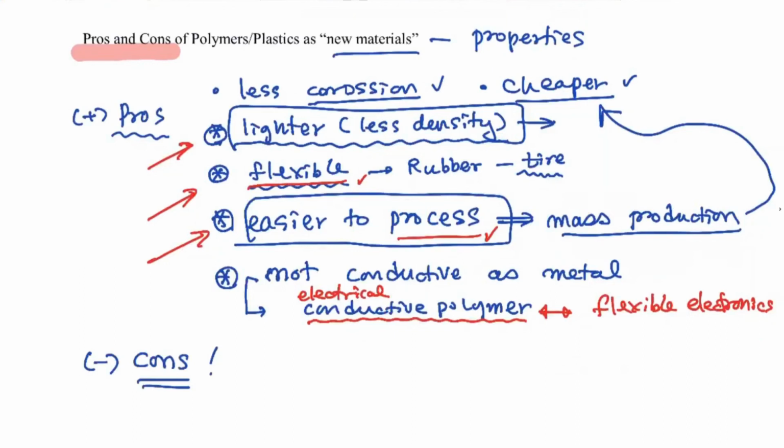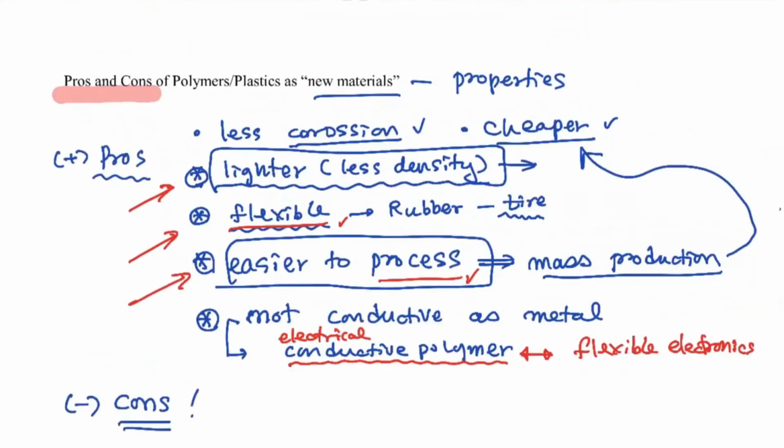I mean, this is all good, so you should replace the metals, but there is a place where we cannot use plastics because of... anyone? Quick guess? Because in the kitchen, right? If you go to the kitchen, there are always metals in the kitchen. That's right. Somebody said temperature, right? Temperature.